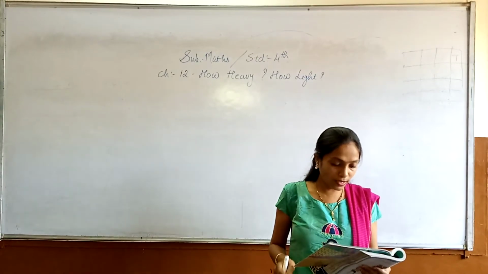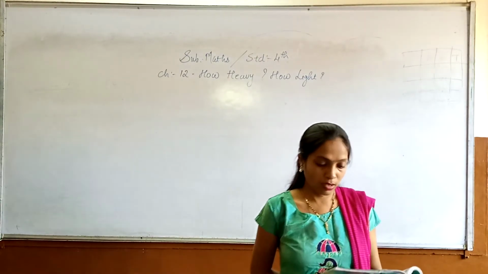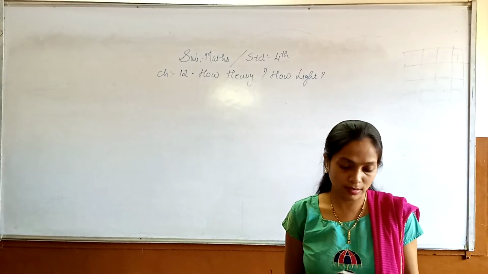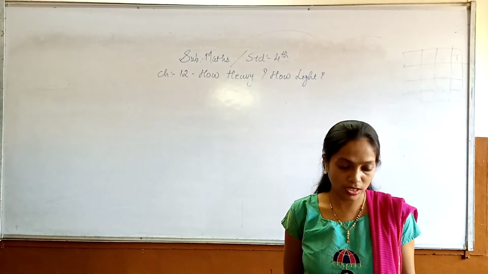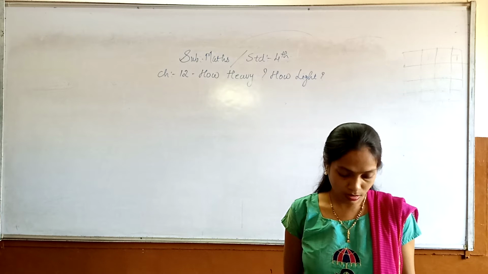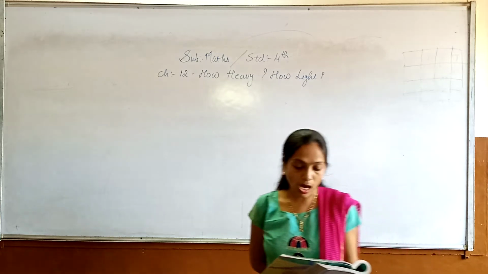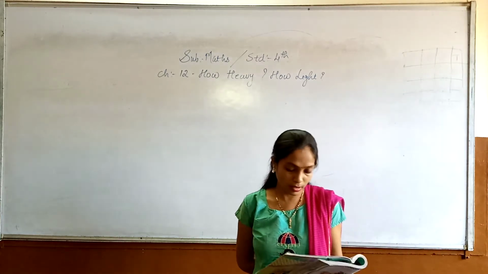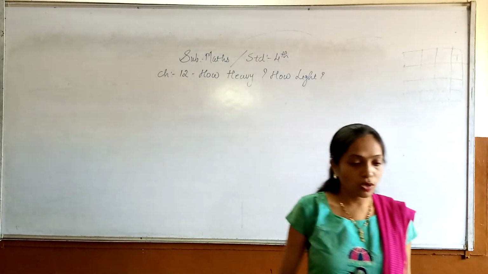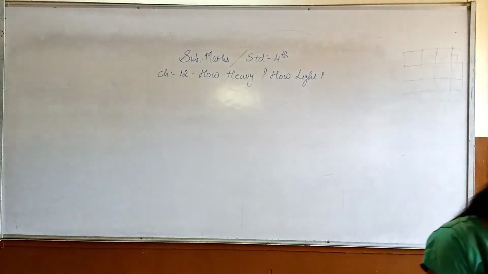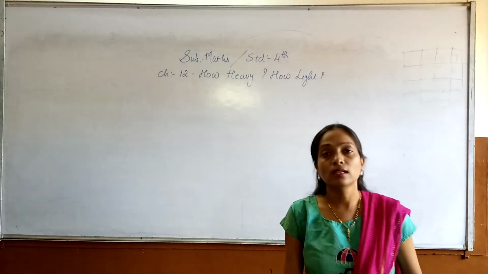So the weight of that horse cart may be near about 700 kg. It is given in your book. But how heavy is this load? They asked. So about this, grams and kilograms, we'll learn in this chapter.